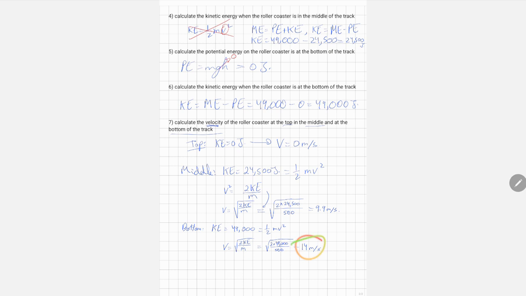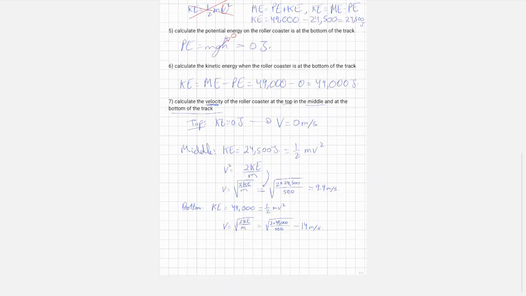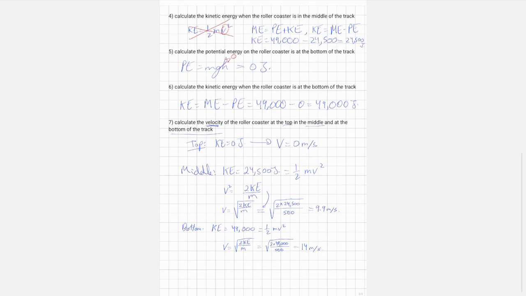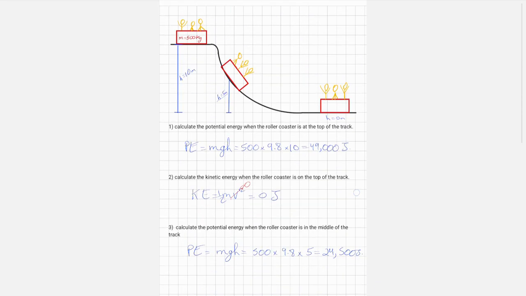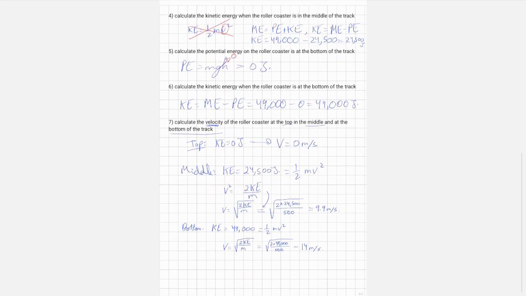Now you have a velocity, and this can be used in a kinematic equation, assuming, for example, that the roller coaster accelerates or decelerates. So more questions can arise if we want to link it to kinematic equations. So that is all for this video.